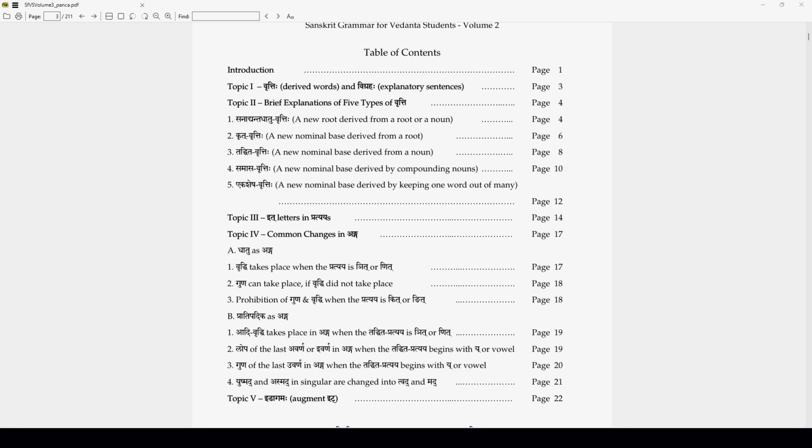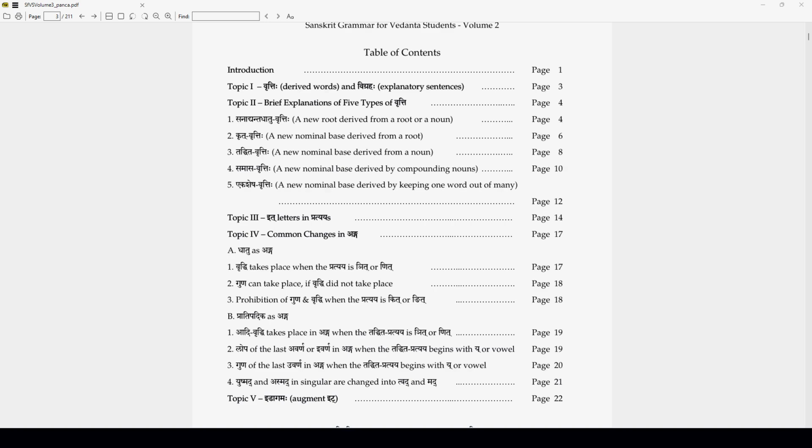Ekashesha vritti is also similar to samasa. They are basically compound words. The difference between samasa and Ekashesha vritti is this: in Ekashesha also two or more namapadas are joined, just as in samasa, and it results in a new namapada.